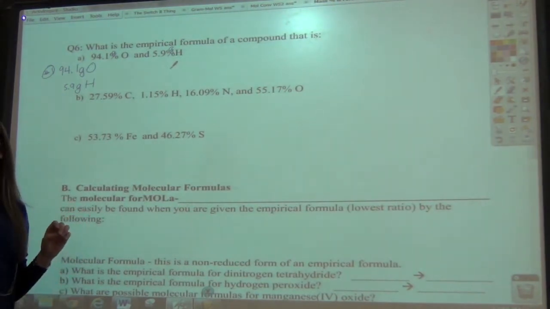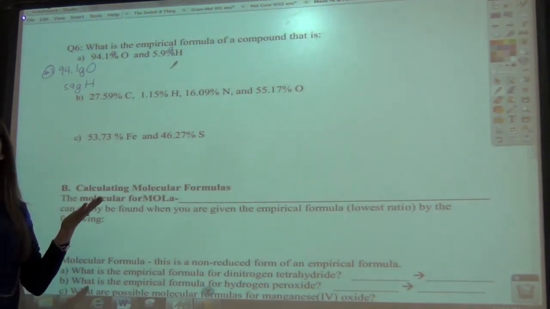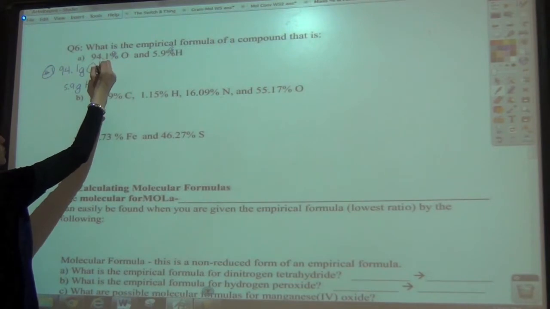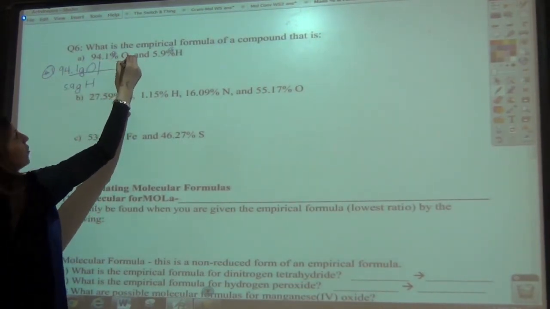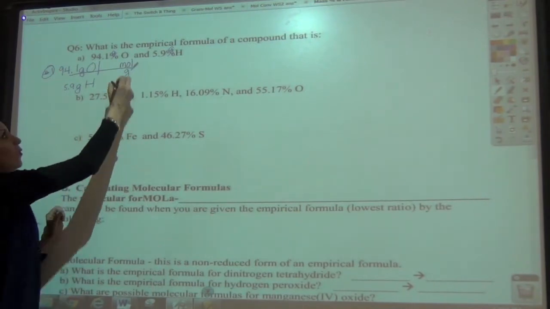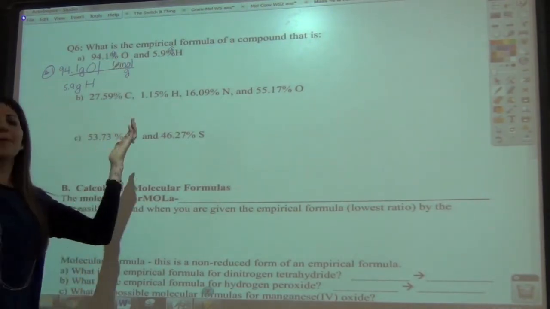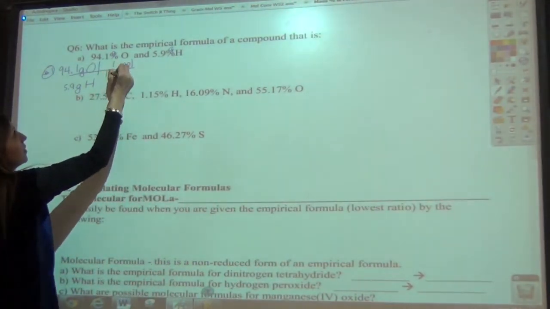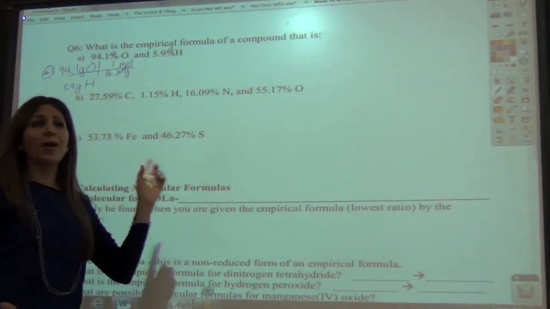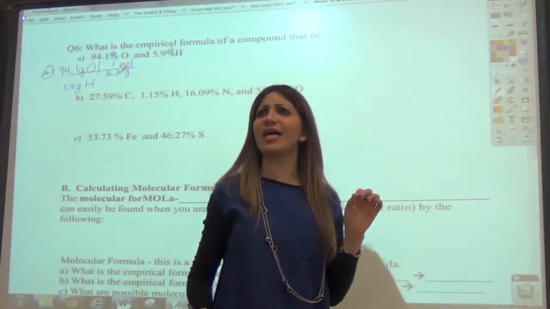Second step. Next step is we need to change our grams to moles. So now that we're in grams, we need to switch it to moles. So I'm going to do a bridge, and I'm going to put my grams down on the bottom, and moles go on top. What number goes with the mole? 1. And everybody probably knows oxygen's molar mass is 16.0. Now, you're probably looking at that and thinking, but oxygen's diatomic.